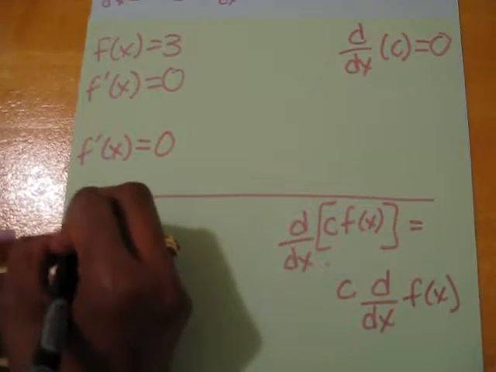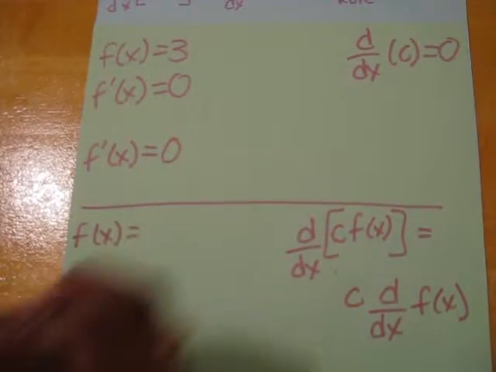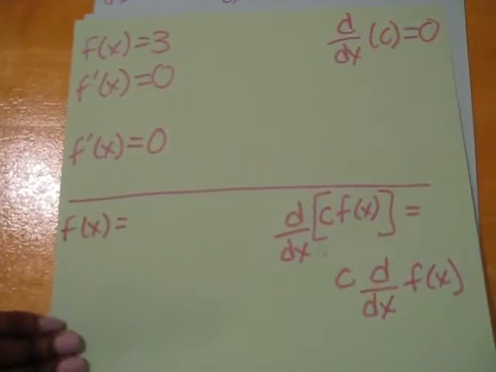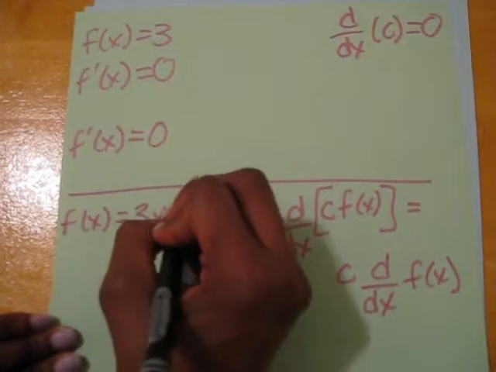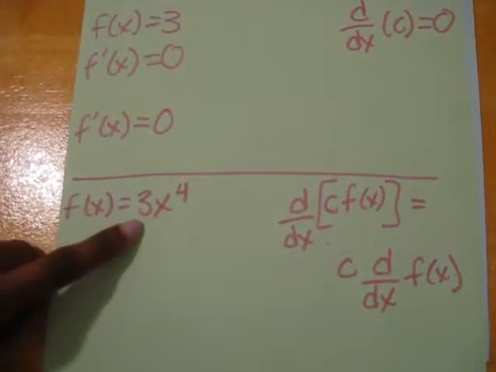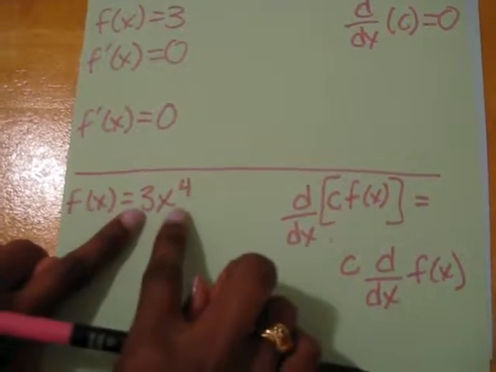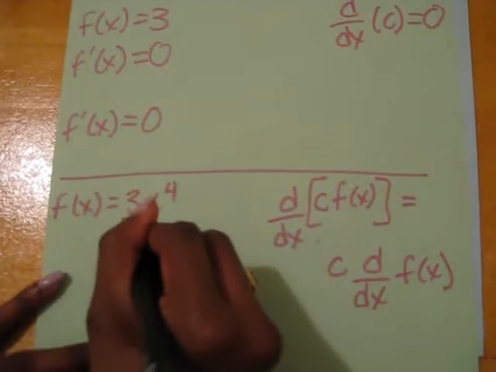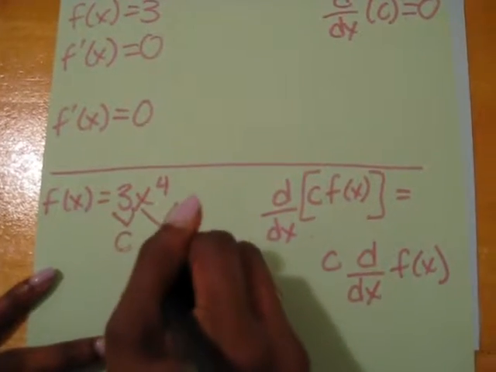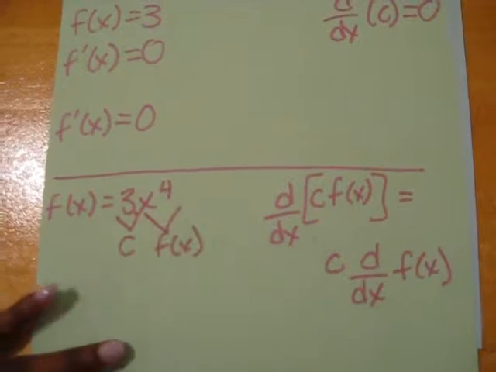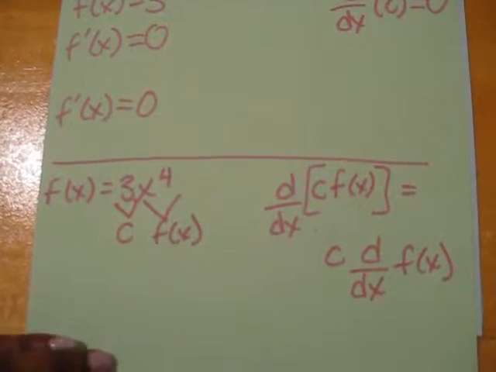So our problem was f of x equals 3x to the fourth. Now here's our constant, and here's our f of x. So if this helps, you should put that on your test paper.